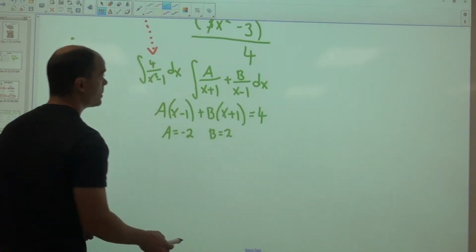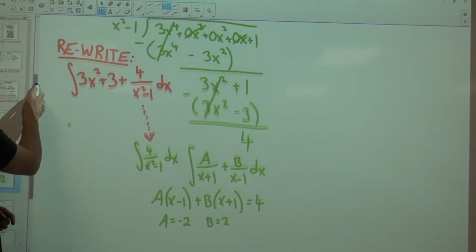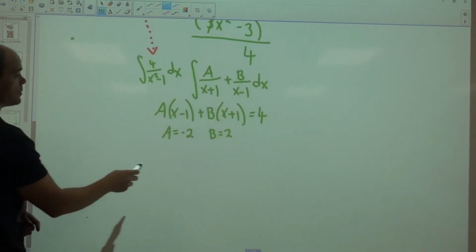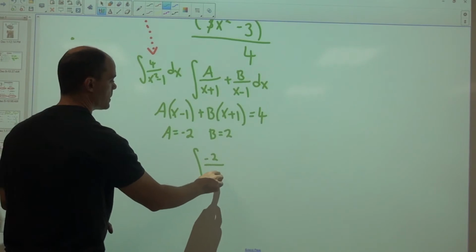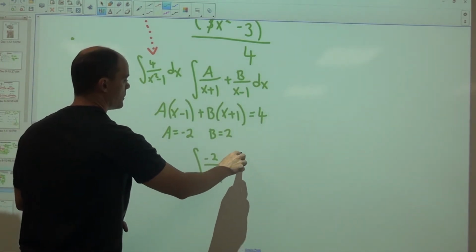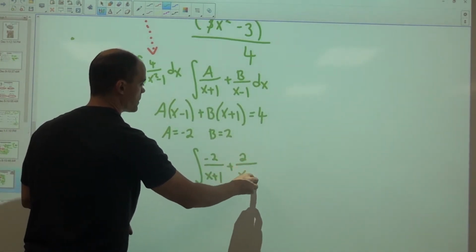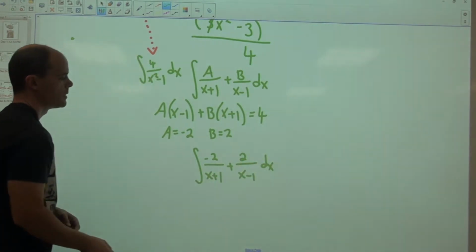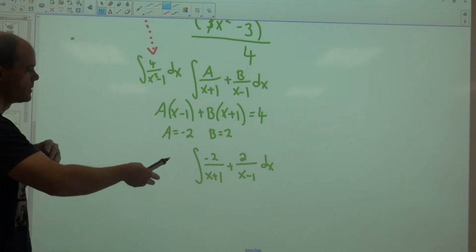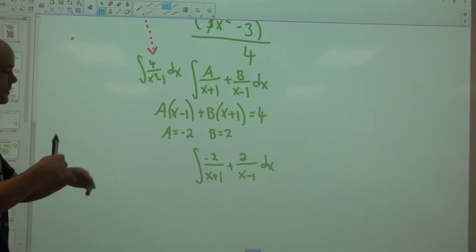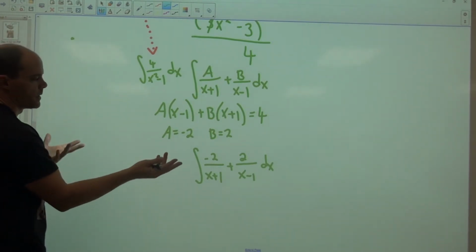And now I've got one more step. So my new integral is now negative 2 over x plus 1, and then of course 2 over x minus 1 dx. You've got some options with your logarithms here. If you guys want to combine logs, turn it into a fraction and change the order of your subtraction, do whatever you want, but I'm going to write it the simple way, right?